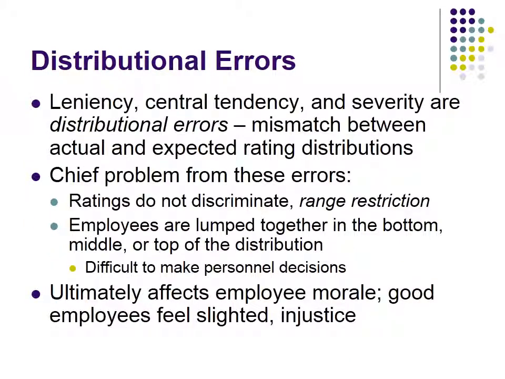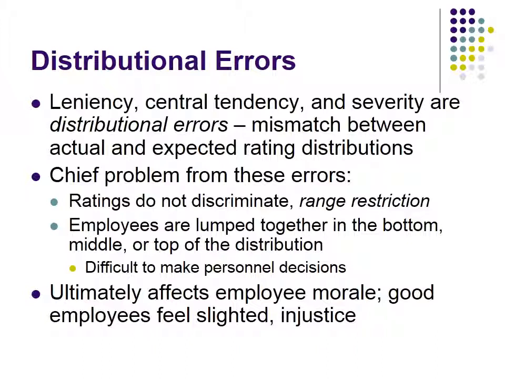So these are all called distributional errors, and why they're called distributional errors is they cause an error in the distributions. What we're expecting from performance appraisal distributions is a nice normal distribution. Most employees should be somewhere in the middle range of getting their job done. A few employees should be truly excelling, and only a few employees should actually be underperforming.